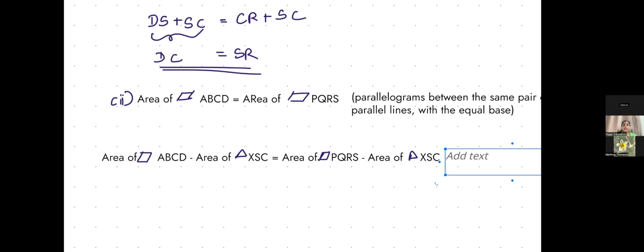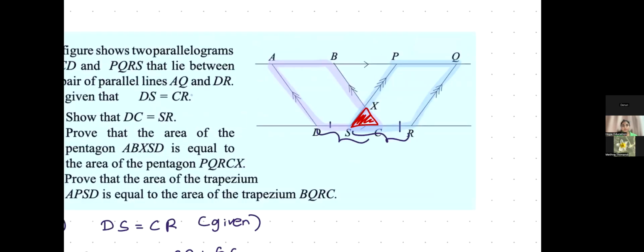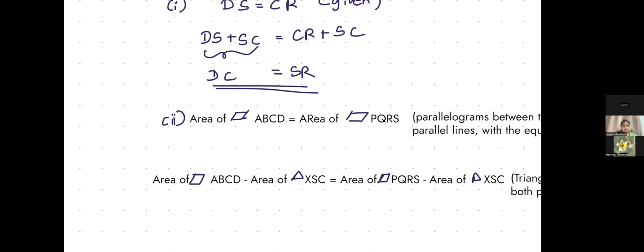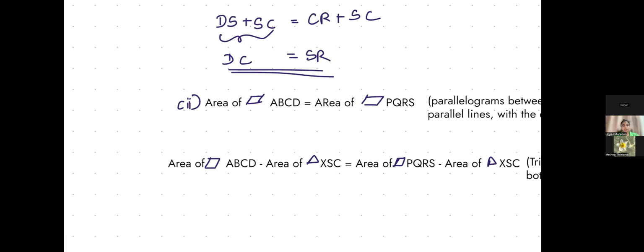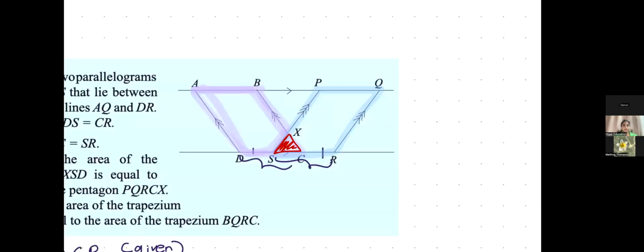Now, ABCD minus XSC leaves ABXSC. So area of ABXSC equals PQRS minus XSC, which leaves PQRCX.